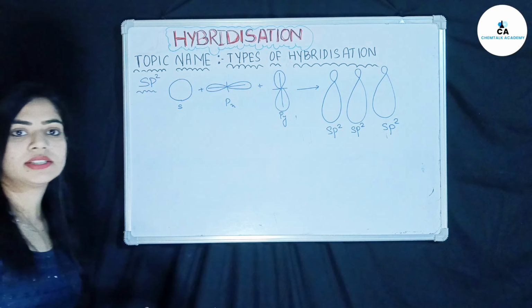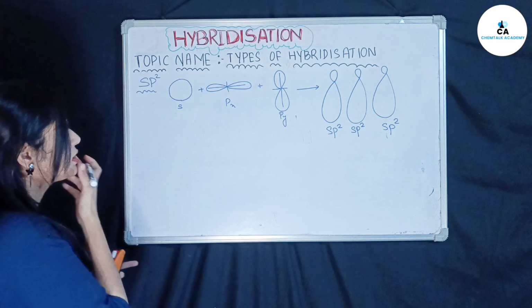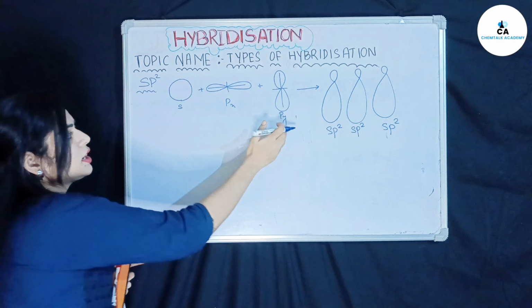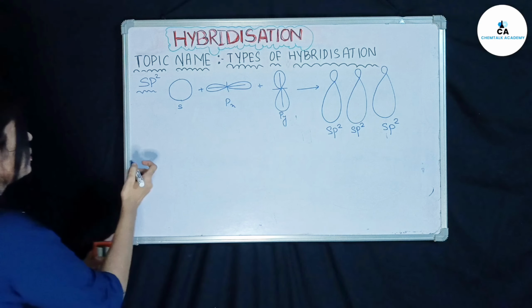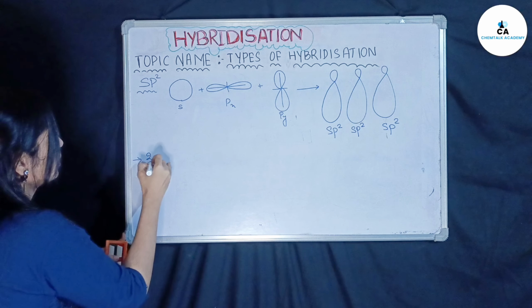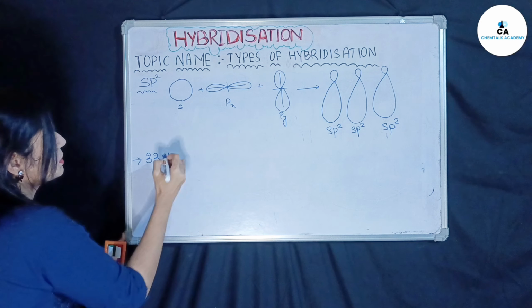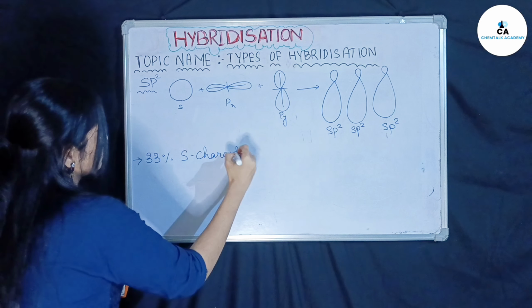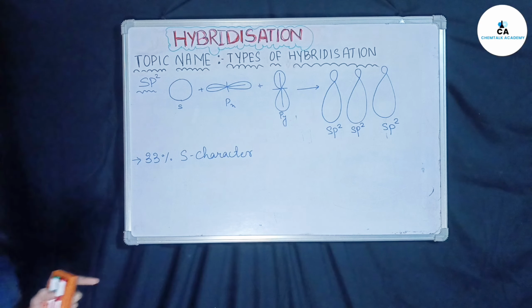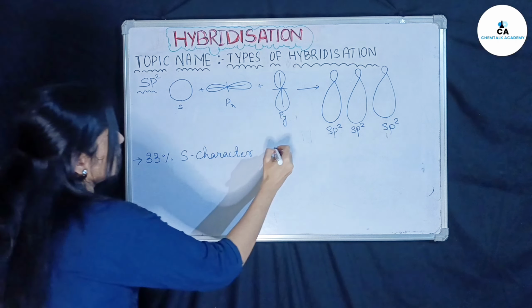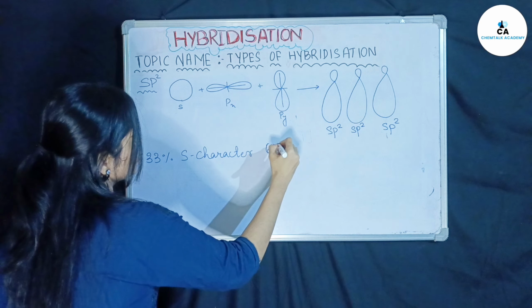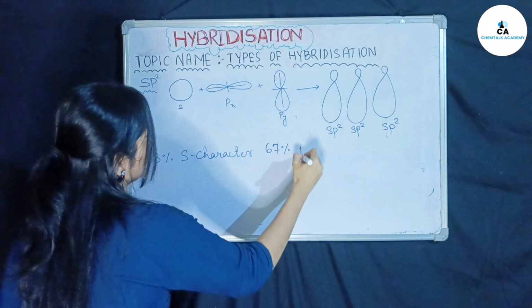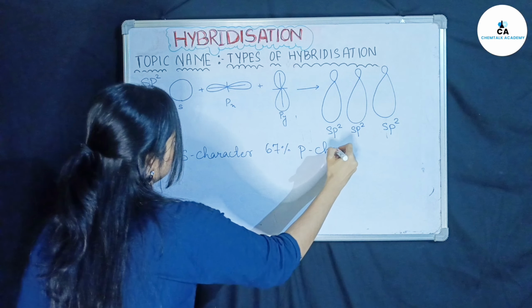Now what will be the percentage of s character and p character? See how many s divided. So 33% of s character and 67% of p character we find here.